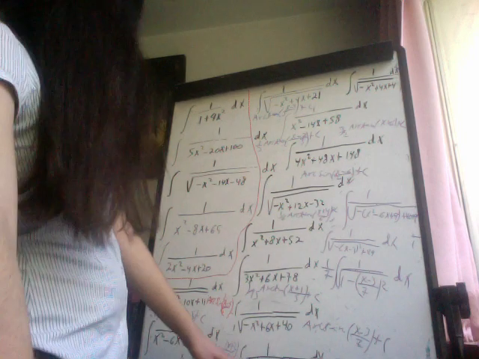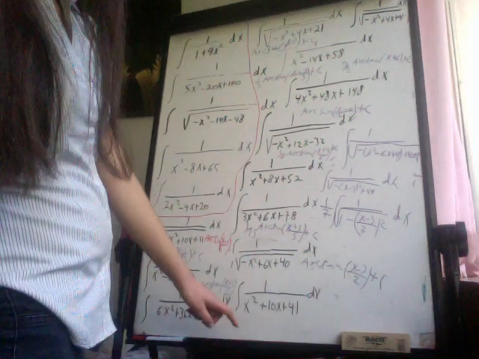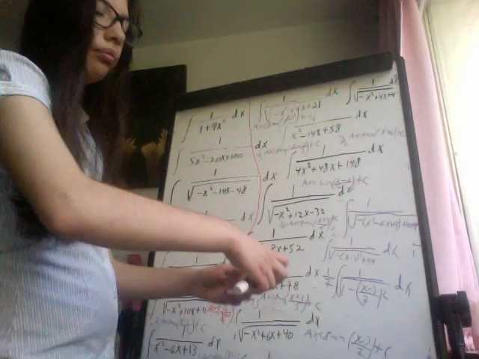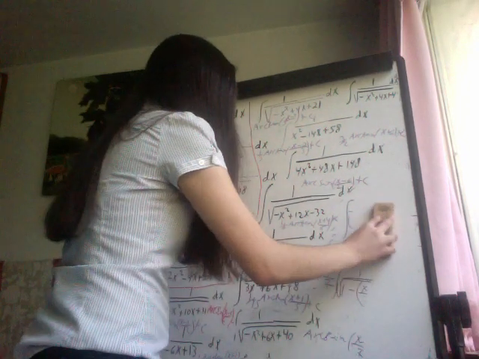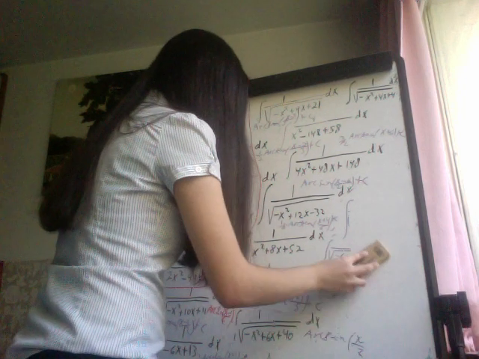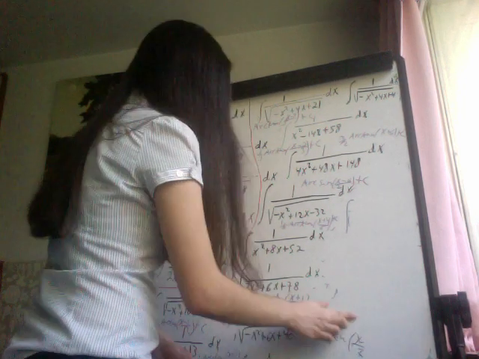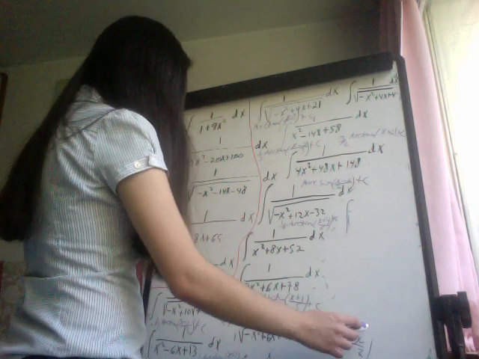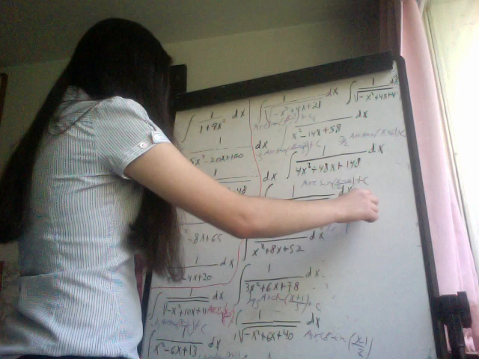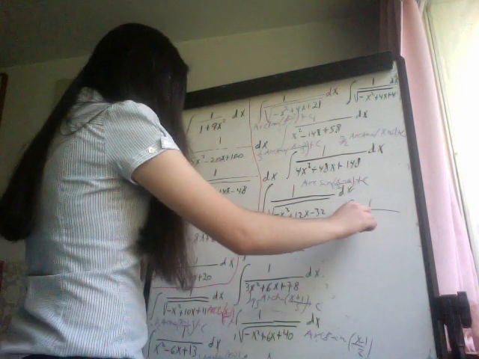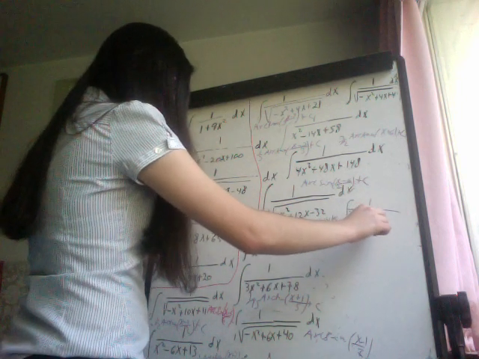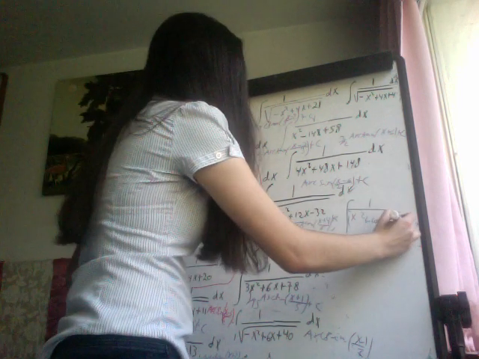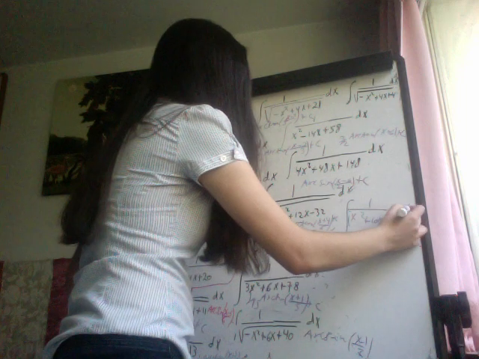Next, 1 over x squared plus 10x plus 41. So this is the integral of 1 over x squared plus 10x plus 25 plus 41 minus 25 dx.